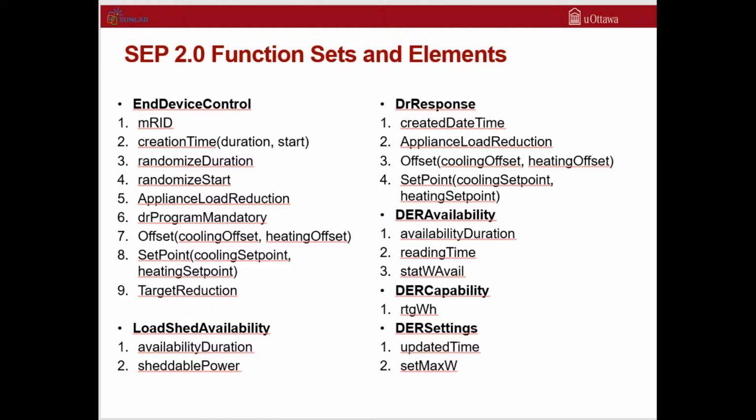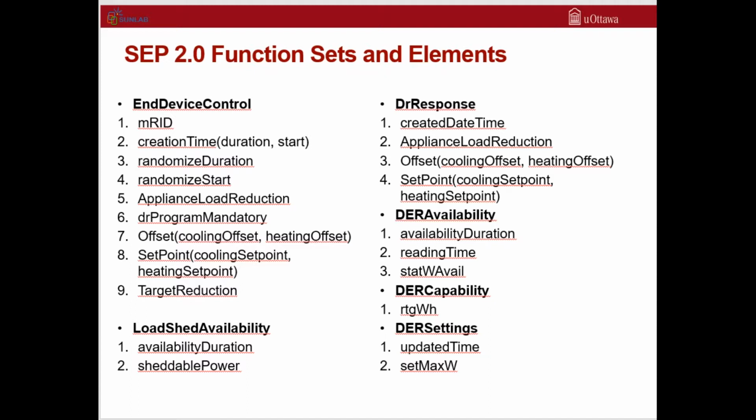As I mentioned before, we have to make the system scalable and interoperable, and IEEE 2030 is one of the best standards for smart grid applications. It consists of many function sets in the smart energy profile, which is the CIM model, or common information model, for the smart grid. Among all of those function sets, we are going to use end device control, load shed availability, DR response, DER availability, DER capability, and DER settings.